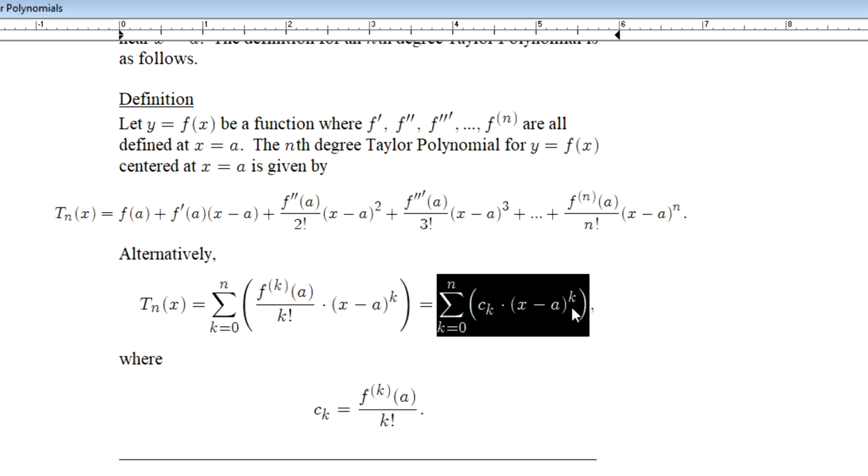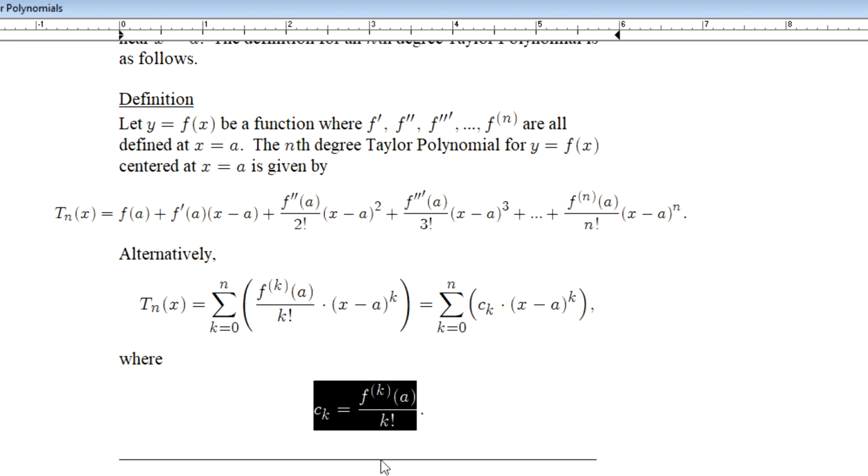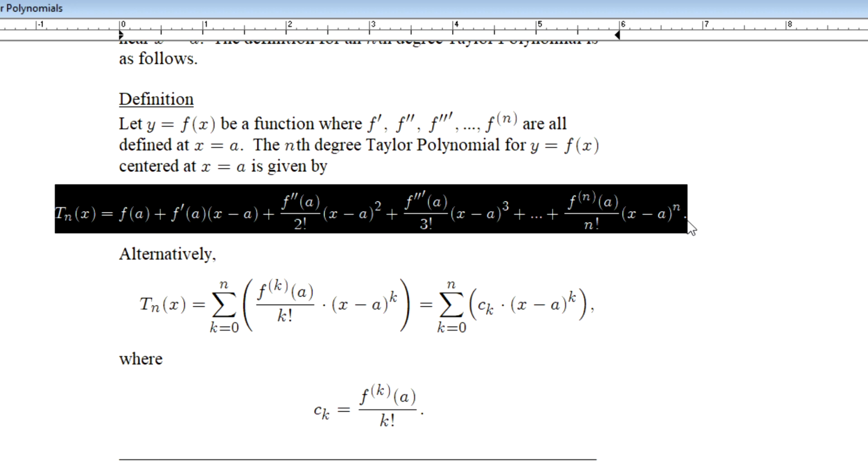A little more compactly, we could think of it as this, where c sub k is equal to this. All right? What we do point out is it does appear to be the sum of the first n terms in what could be an infinite series. And you might start to guess what that infinite series would be. And if you guess Taylor series, a Taylor series, you might be on the right track there, folks. All right?